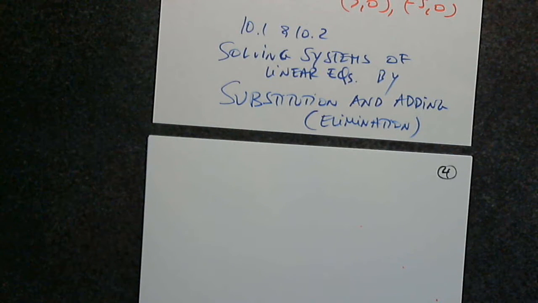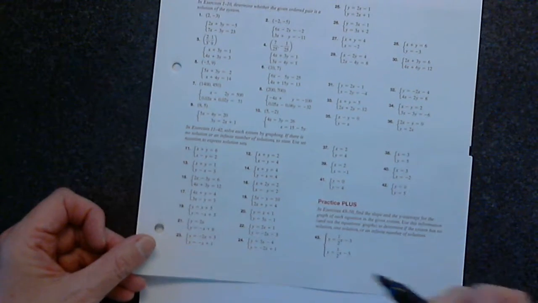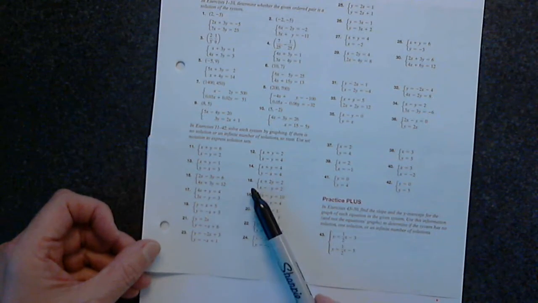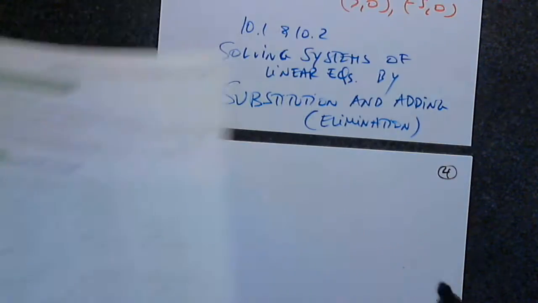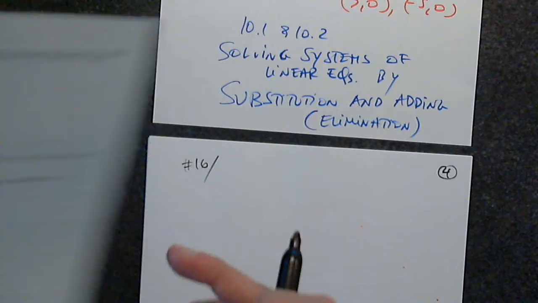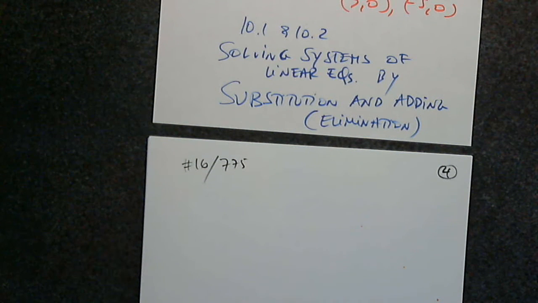And I'll let you choose from 11 through 42. Let me choose the first one and then you choose the next one. So let's say 16. 16 is on your page 775. I don't know how that works in your book. I have no idea if it's in the same order. I'm assuming it's in the same order.